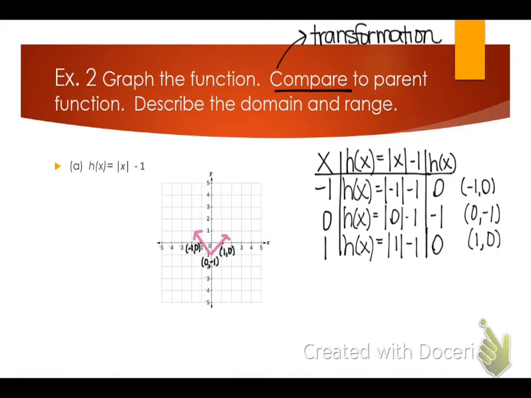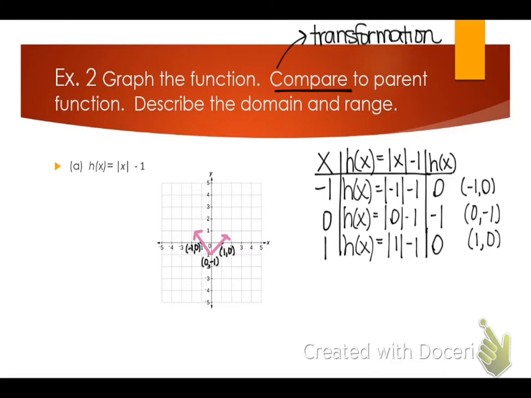Now, look at our function. Part of this function is the parent function. You're like, I don't understand what you're saying. Go back to example 1 and look at the directions. It said graph the parent function f of x equals the absolute value of x. So I want us to highlight the part of our problem that is the parent function. What part of our problem is the parent function?